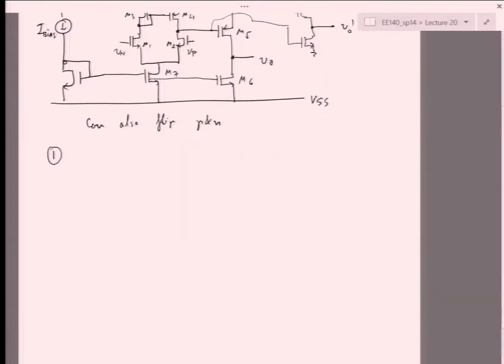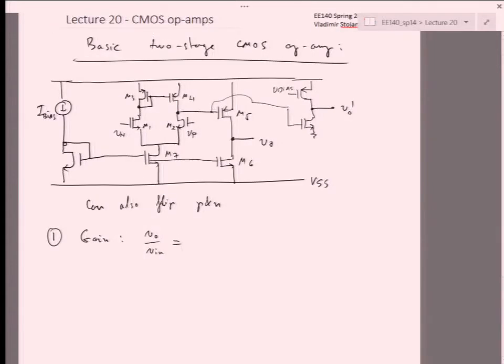Some properties of this topology. First, the gain, that's VO over VP minus VN. Notice that I've labeled on purpose P on this side and N on this side, simply because the phase relationship of this input to the output is non-inverting.